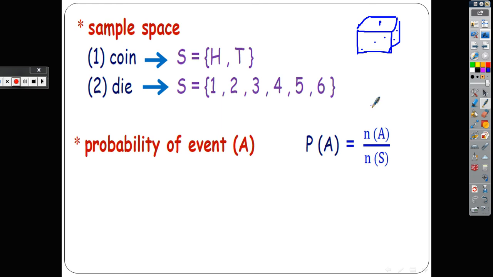This is the rule to find the probability of any event. Go to the example to know how you can find the probability of the event.